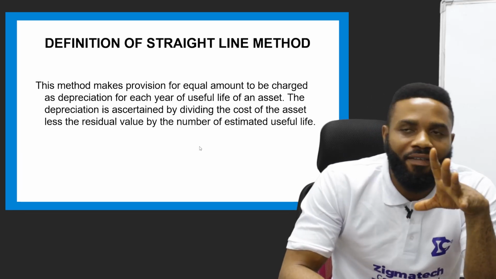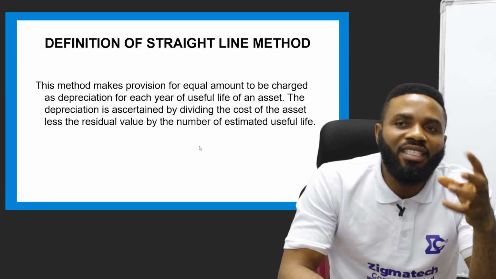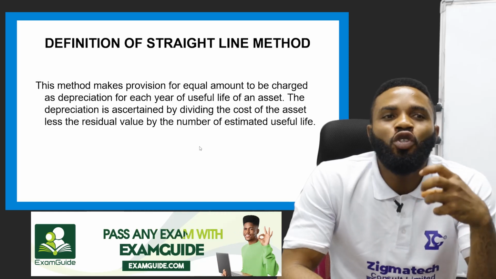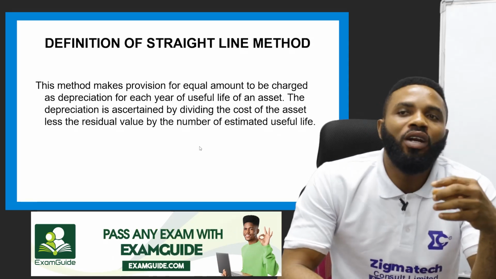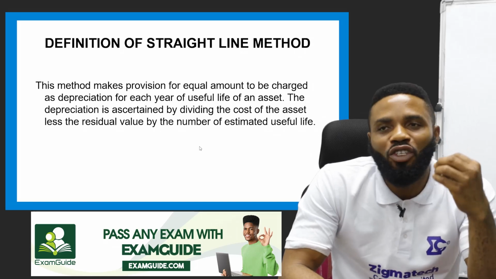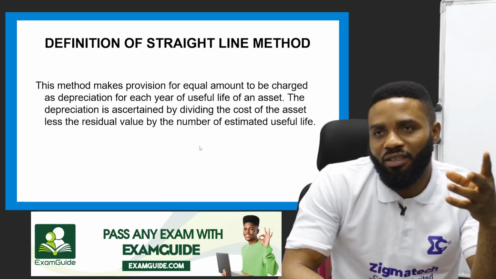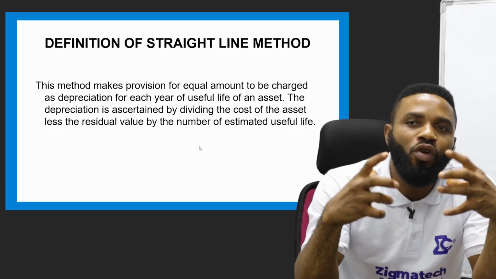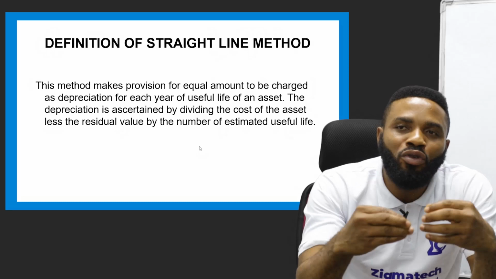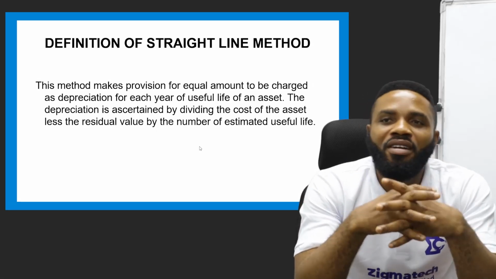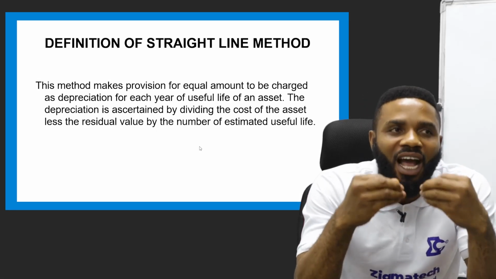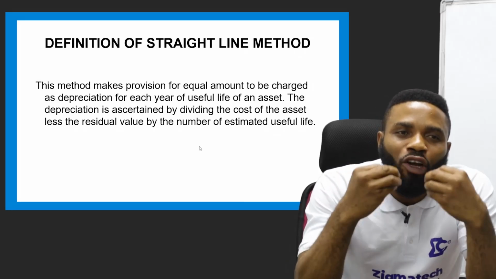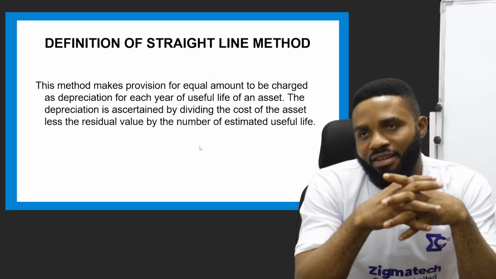The word useful life here simply means that if an asset is in the company and is not contributing economically, there is no future or present economic value of the asset to the company, the asset is useless. So when we say useful life of the asset, we are talking about the estimated period within which the asset can contribute economic value to the business.